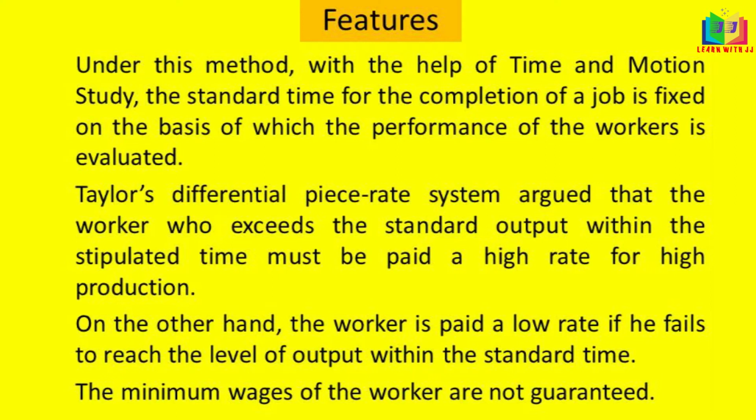On the other side, the worker will be paid low if he fails to reach the level of output within the standard time. If the worker is not achieving the standard output within the time, that kind of worker has to be paid low.